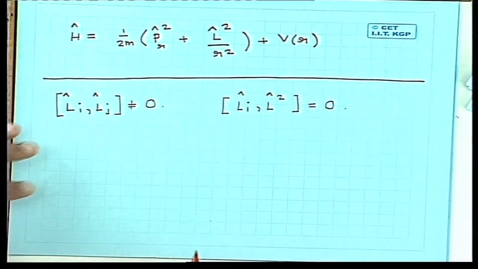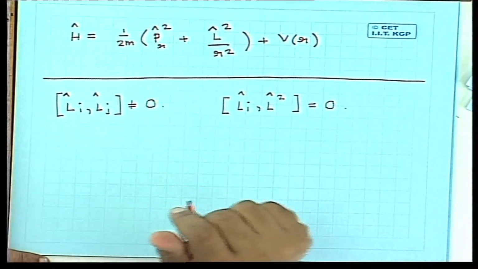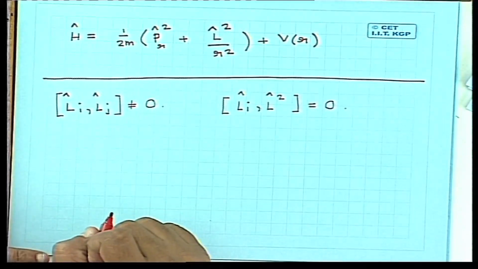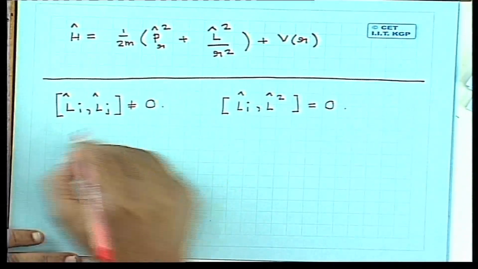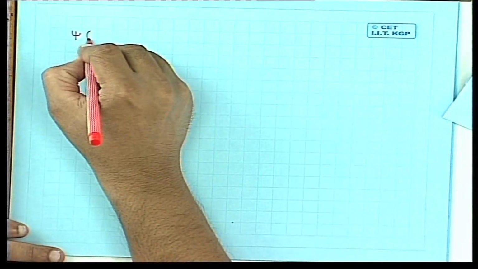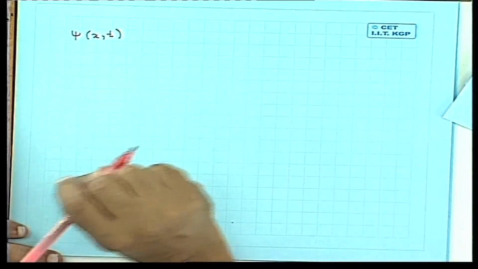Now, let us study an implication of this fact. Let us study two implications of this fact. The first implication is as follows. Let us look at the time evolution of the expectation value of the angular momentum. So suppose I have a wave function psi which describes the state of the particle, and psi will be evolving in time, and the time evolution can be calculated using the Schrodinger equation.